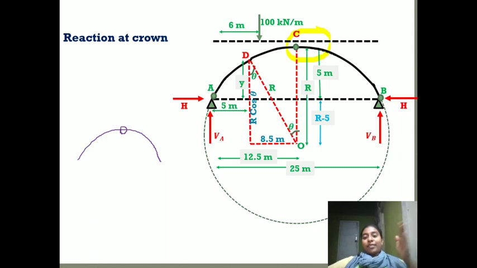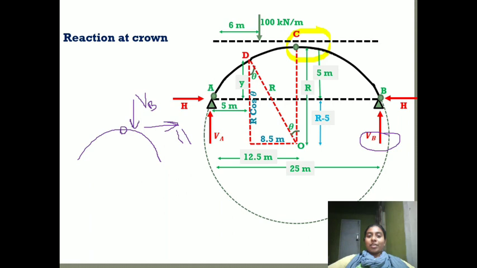We don't have the loads on the right, so we will take the right first so that it is easy. So you see, to the right of C, we have the vertical reaction as VB. So to the right of C, your reaction will be like this. That will be equal to VB. To the right of C, you will have a horizontal reaction H, because to the right of C, you have only one horizontal reaction.